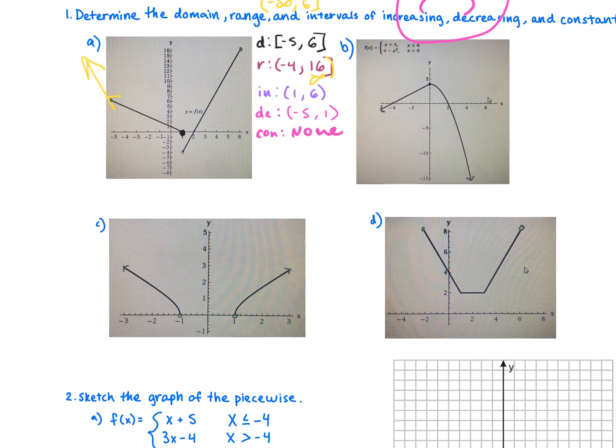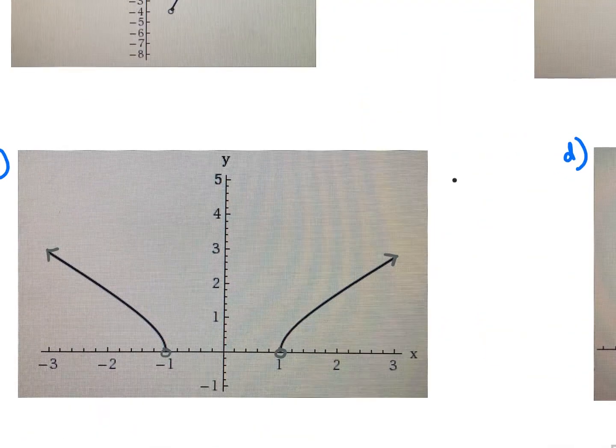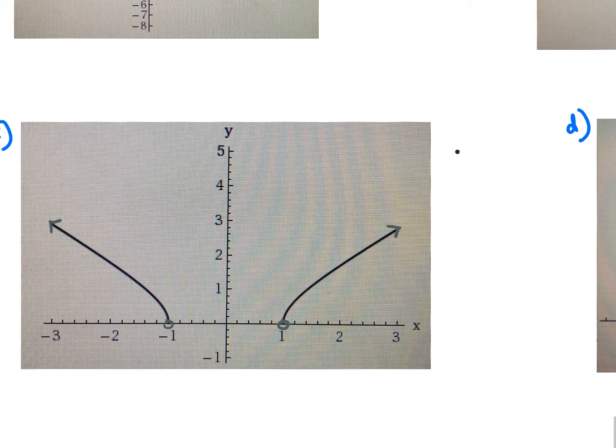All right, let's take a look at C. We're going to do the domain for this one. So this one you're going to have 2 intervals, because we have a gap. What's my smallest x value? -infinity. Where does my graph stop? -1. Do I have a bracket or parentheses there?